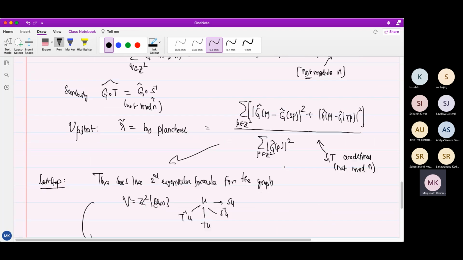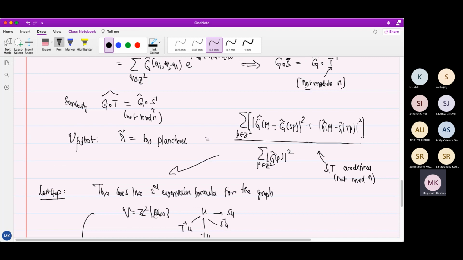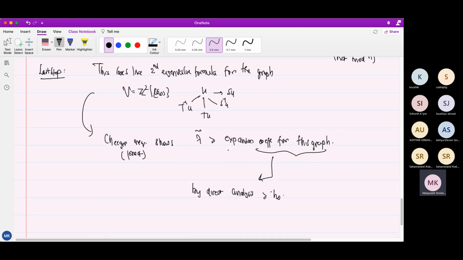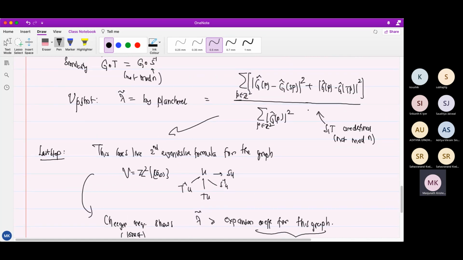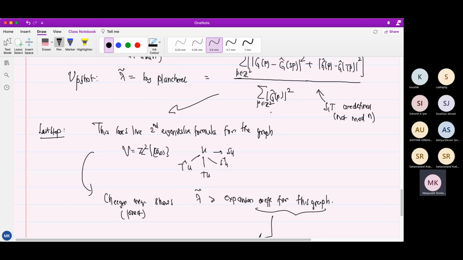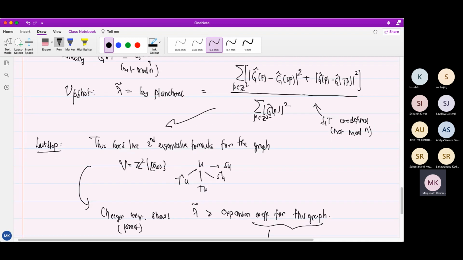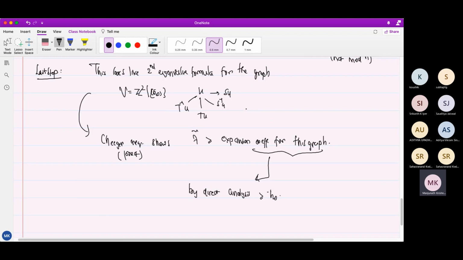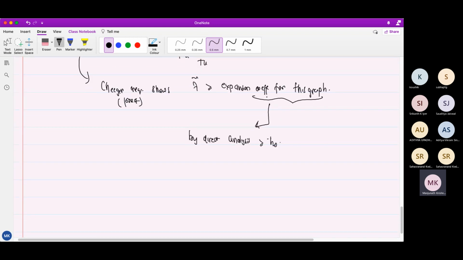You have now reduced your problem to a question of a graph on Z2. This quantity is like the second eigenvalue formula on Z2. It's an infinite graph, so maybe this needs some technical input to make that precise, but you don't need it for this. All you need to know is that if you follow the Cheeger inequality proof, you can show this is greater than or equal to the expansion coefficient for this graph.